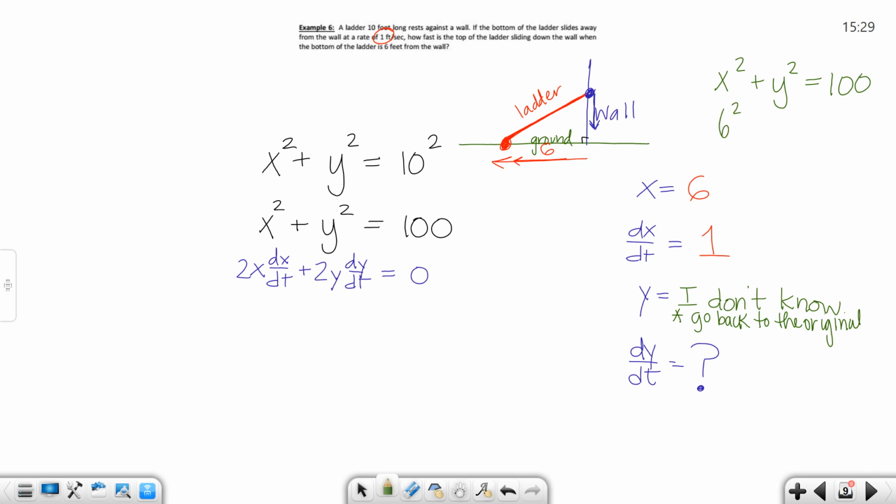So 6 squared plus y squared has to equal 100. So 36 plus y squared would equal 100. Move your 36 over, so y squared would equal 64, and y would equal plus or minus the square root of 64. I'm only concerned with the positive one, so y would equal 8.